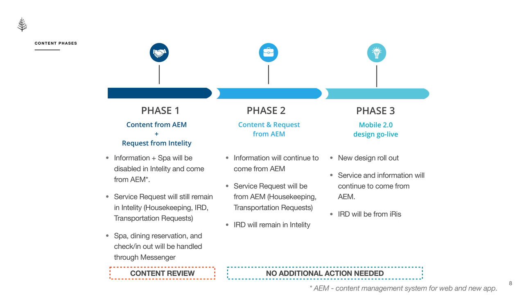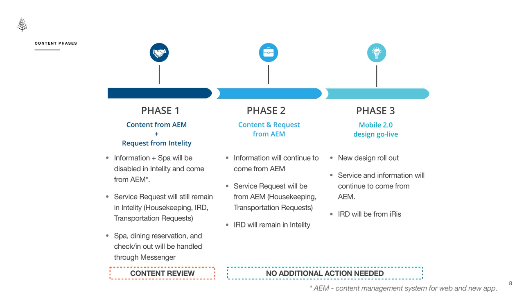We'll still keep Entality there until your in-room dining finishes and is ready to move on to Iris. And in phase 3, we'll finally kick off the new design, and service and information will continue to come from AEM, and IRD will be from Iris.